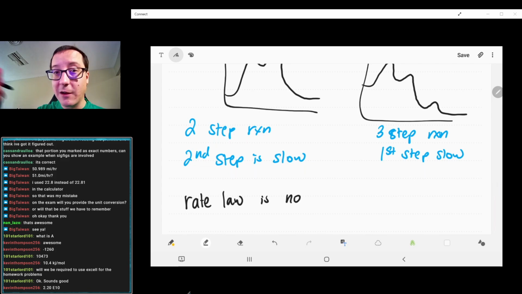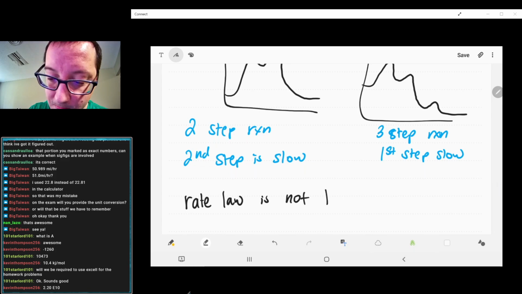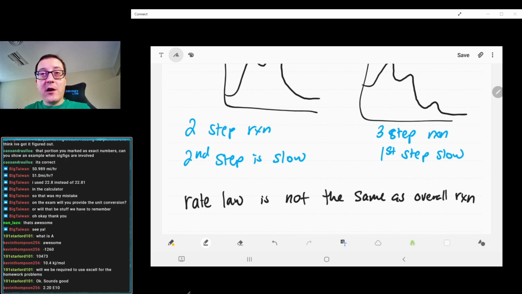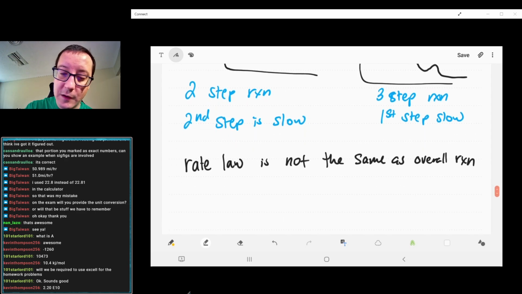And just to reiterate one more thing, we saw previously that the rate law does not necessarily mean the same thing as your overall reaction.